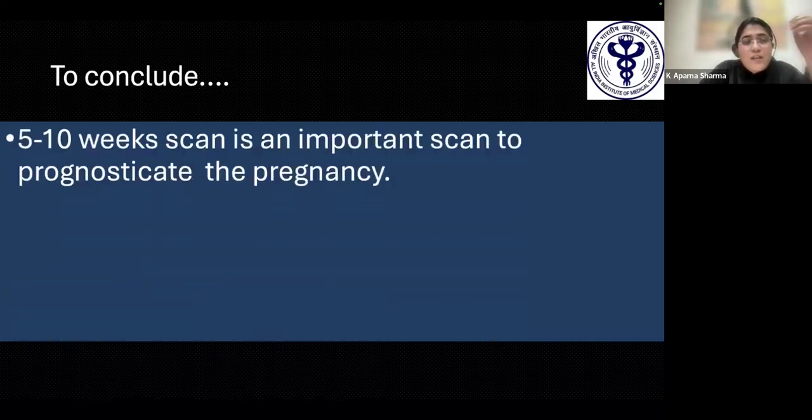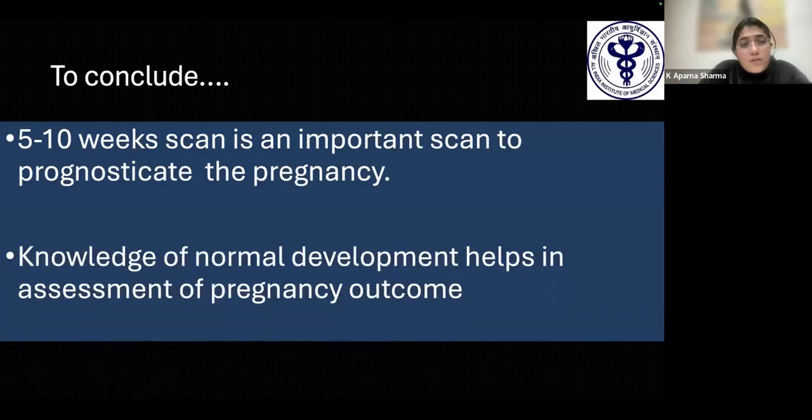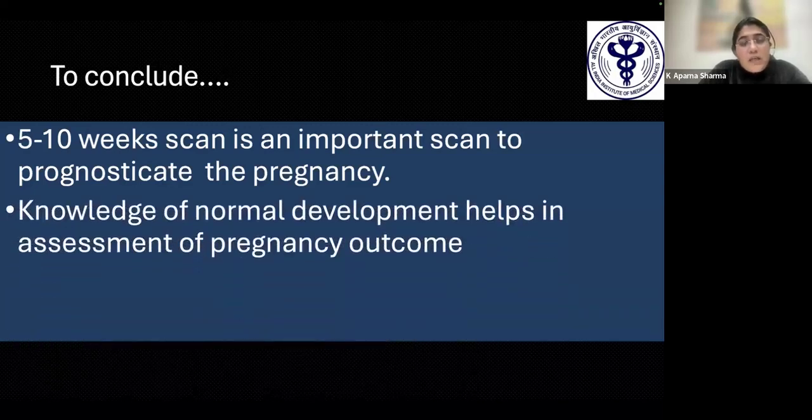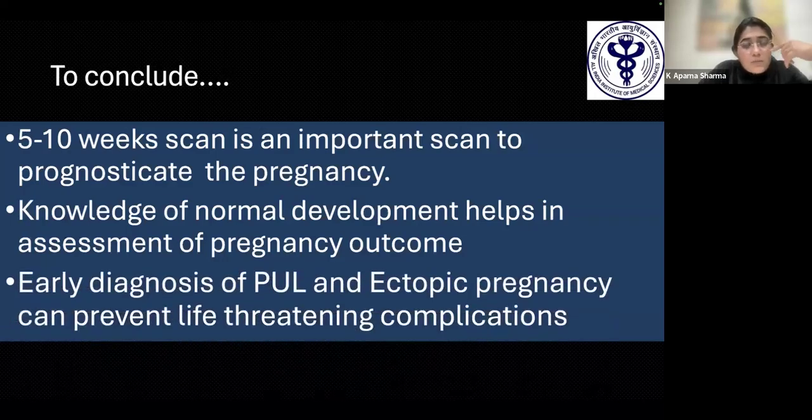So I think there is so much more to cover, but we can only do so much, and we've already exceeded so much time. So I would like to really conclude and then take comments from our list. The 5 to 10 week scan is an important scan to prognosticate the pregnancy. Knowledge of normal development helps in assessment of pregnancy outcomes.